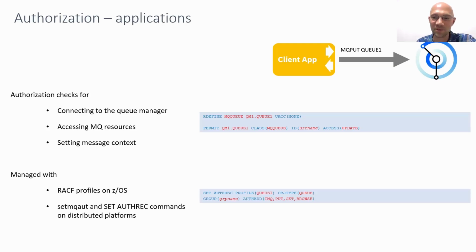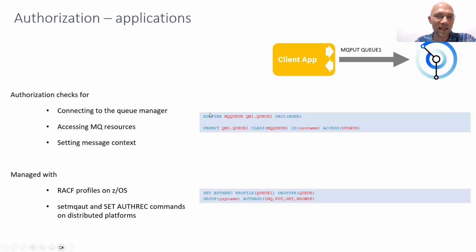On distributed systems, you have the setmqaut and the dspmqaut commands available in order to control your authority records. On z/OS, it's done slightly differently because you can use RACF profiles or whichever security manager that you're using to control access that you're giving to certain resources in MQ.